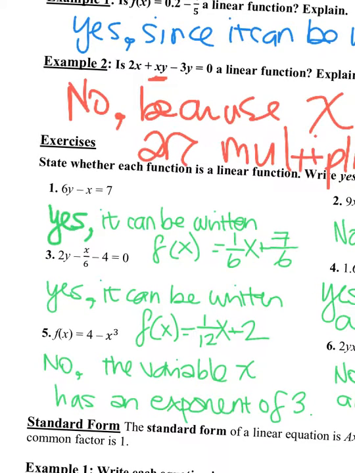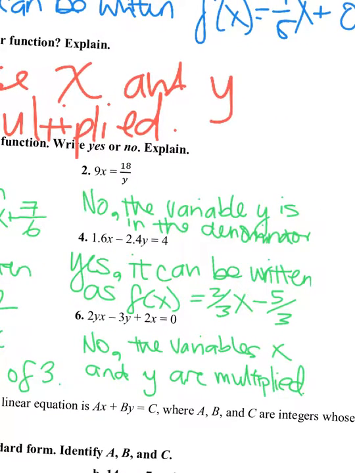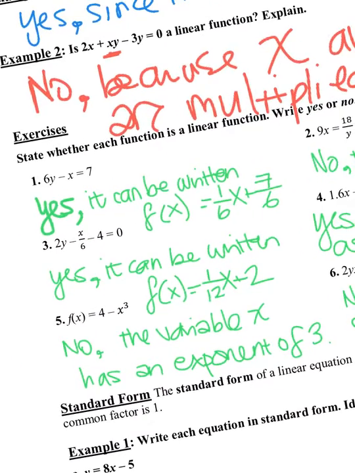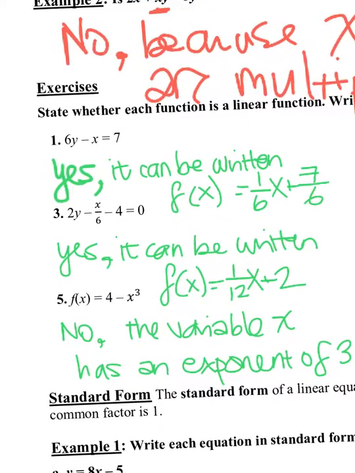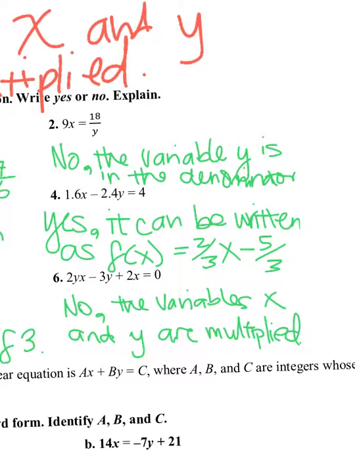Sorry about my horrible handwriting. Number 4, yes, it can be written as f(x) = 2/3 x - 5/3. Number 5, no, since the variable x has an exponent of 3. And number 6, the answer is no, the variables x and y are multiplied.